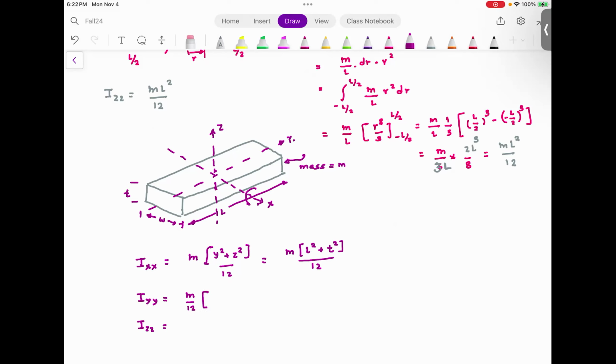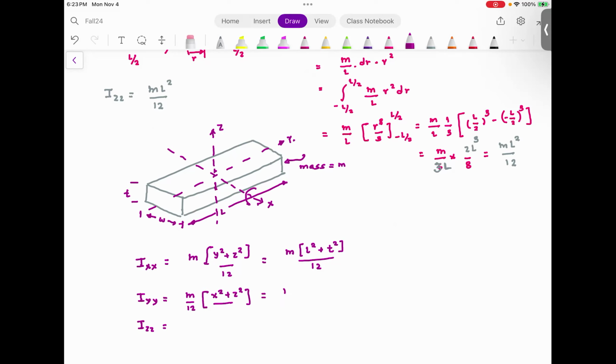Now please understand, since the moment of inertia was about x, which means how hard it is to rotate that slab around x, you had y square and z square. If the moment of inertia is about y, you would have x square plus z square.